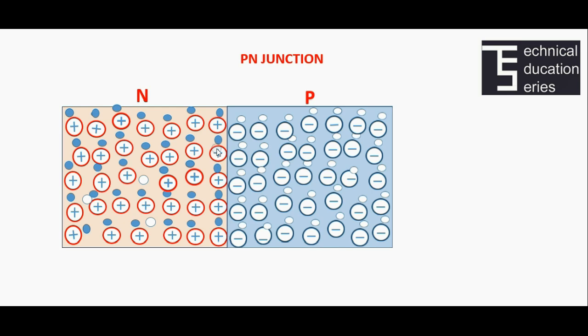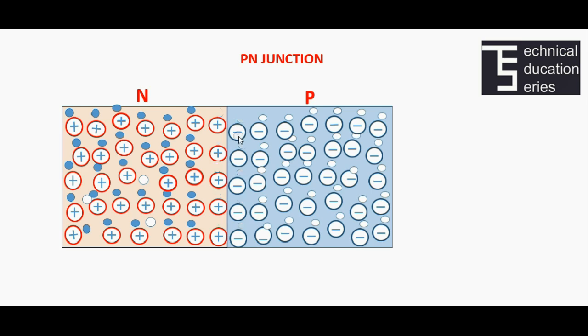As a result of a few such electron-hole combinations, a row of positive ions appears near the junction in the N region and a row of negative ions appears near the junction in the P region. And this is the action.